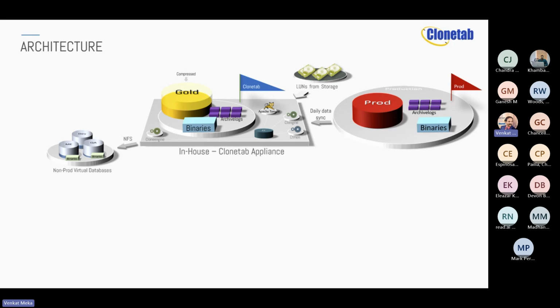So similarly, while you are cloning, we are not copying this gold image or any part of it onto the target non-prod environments. What it means is there's no copy time. So all we are doing is taking a snapshot and mounting that snapshot of the database files onto your DBF kind of path where you have all the DBF files.